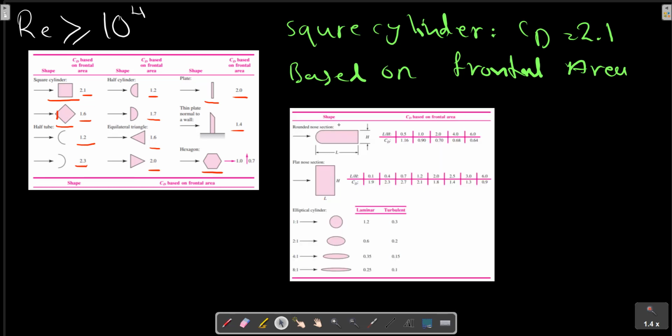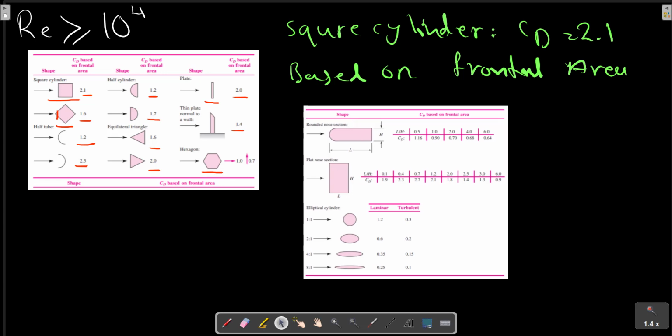Rounded nose section with values L and H. Here we have various drag coefficients for flat nose section with L and H tables, and various drag coefficients. Elliptical cylinders are also available in laminar and turbulent flow in this table.